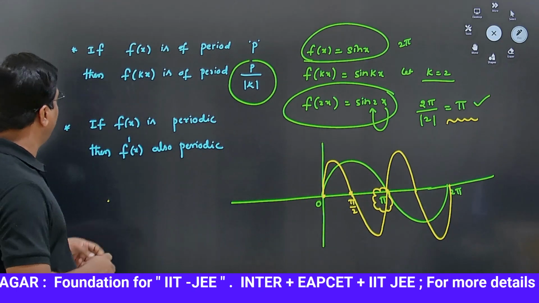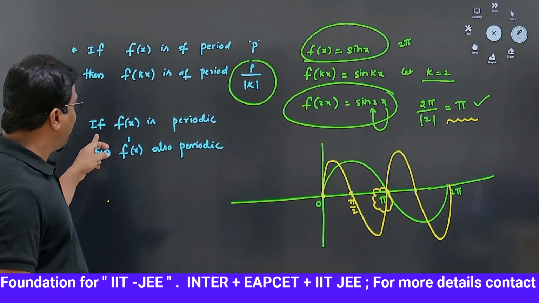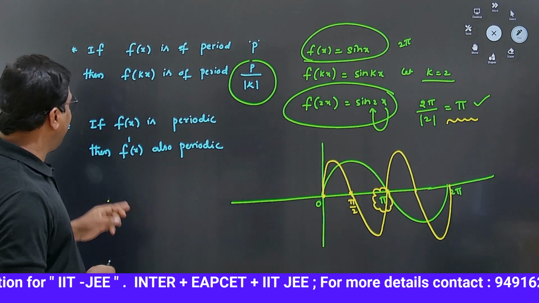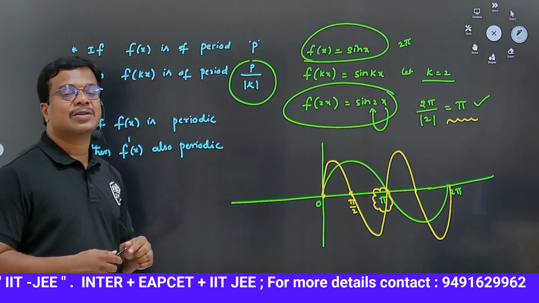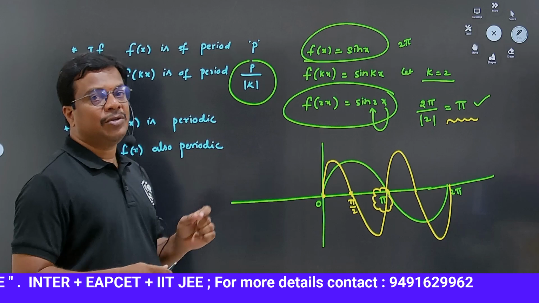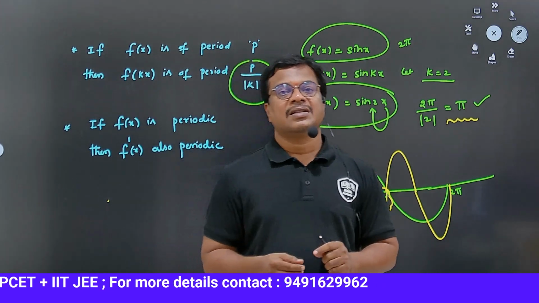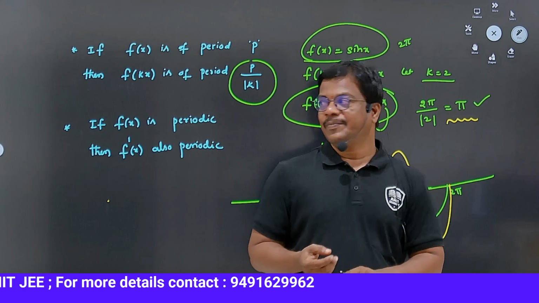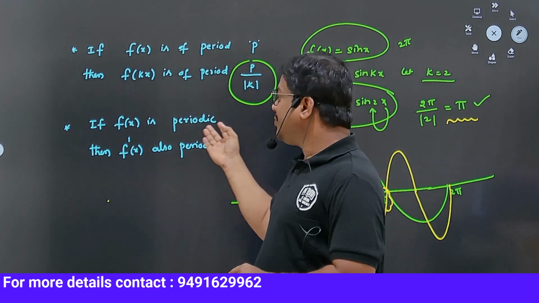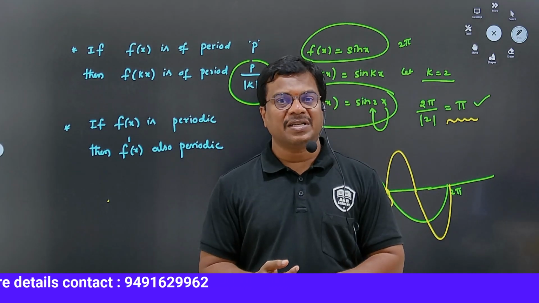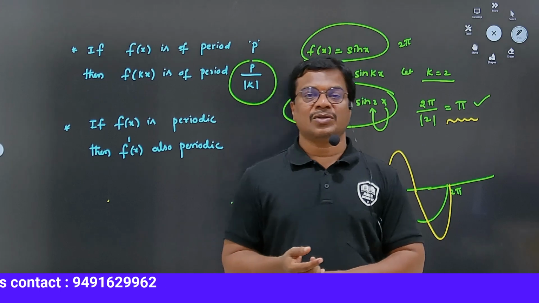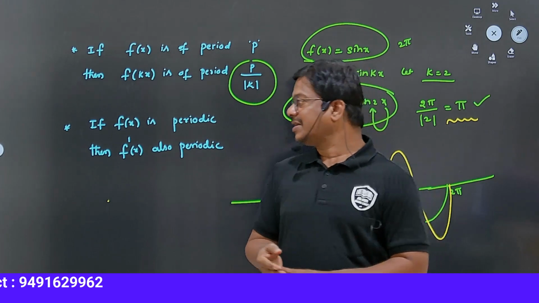Next property: if f of x is periodic, then its derivative is also periodic. Yes, you have trigonometric functions along with a special function called the fractional part function, and if you observe the derivatives of all trigonometric functions, they are again trigonometric, so they are also periodic.